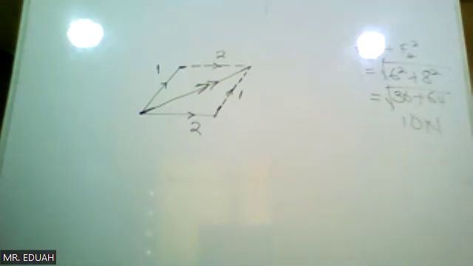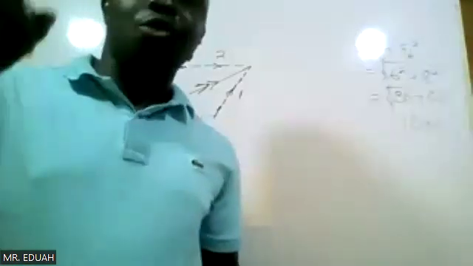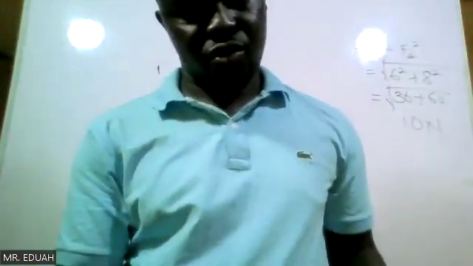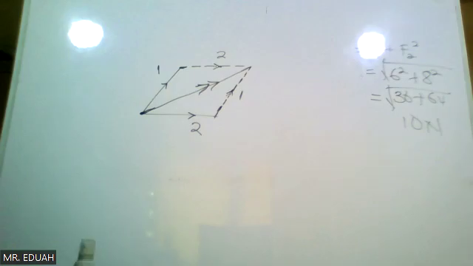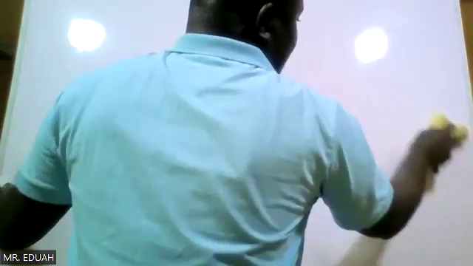As I said, the cosine rule and the sine rule are only limited to 2 forces acting concurrently at the same point. If I have 3 or 4, how do I determine the resultant?